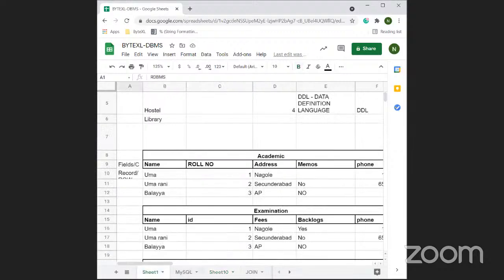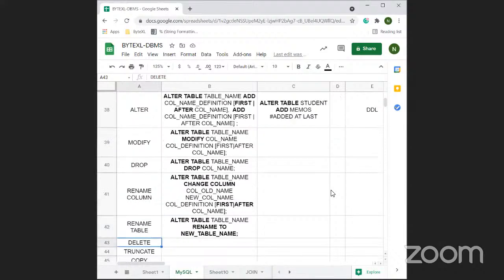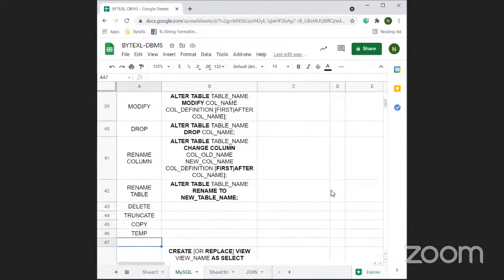So to make the work easy, we have a separate keyword called modify. If you want to delete a particular column, entire column, I don't want to store phone numbers, then I can drop the table, rename the column, delete, truncate, copy, temp. As I told, there are many other keywords. All of this, they form data definition language.